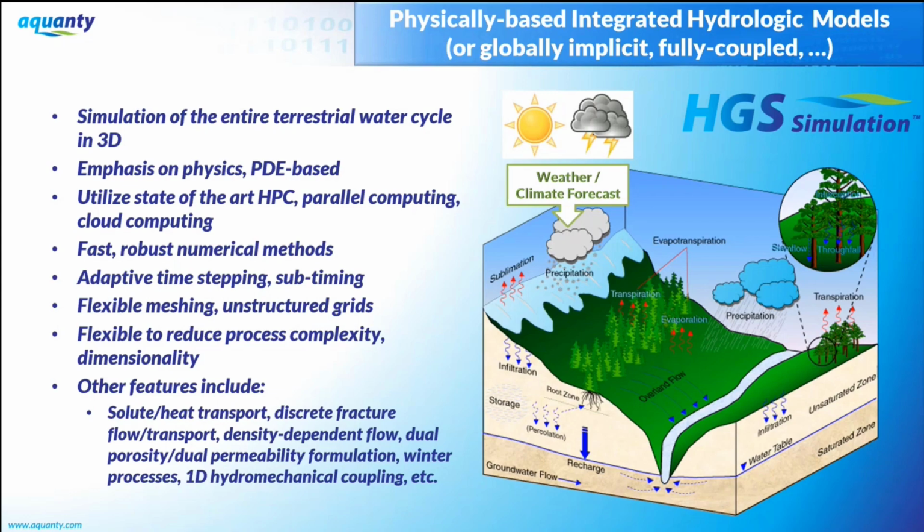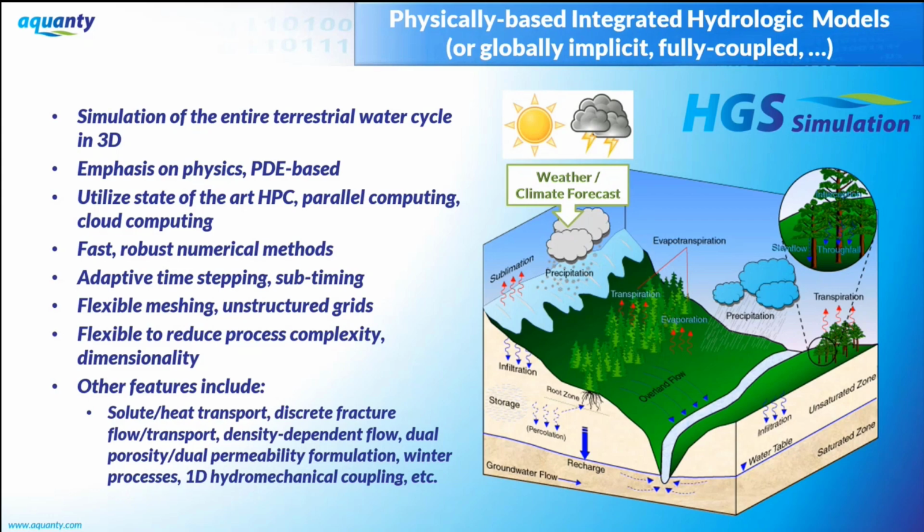It's a complicated system, highly nonlinear. So we make use of very advanced numerical methods, very advanced sparse matrix solvers, parallel computing, and more recently, cloud computing. I won't mention all the features, but some of the things we do, which are a little bit beyond the norm, I would say, include adaptive time stepping.